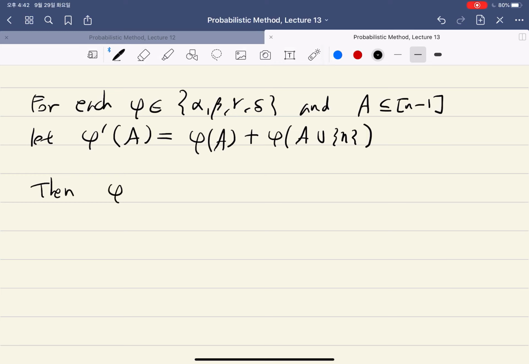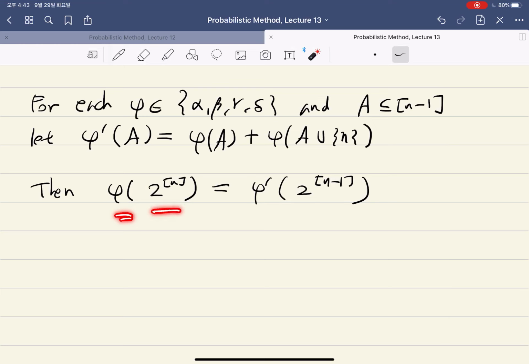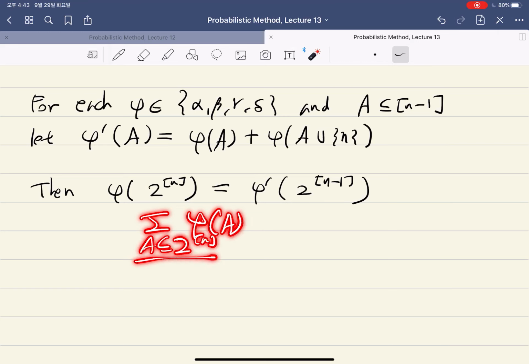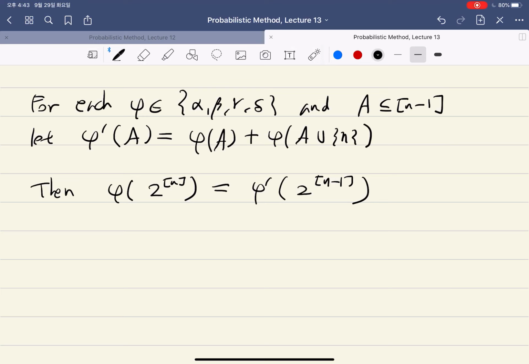Then phi of the entire subsets of bracket n is not the same as this, because this is the summation of all p of A, where A is a subset of, let's write it properly.